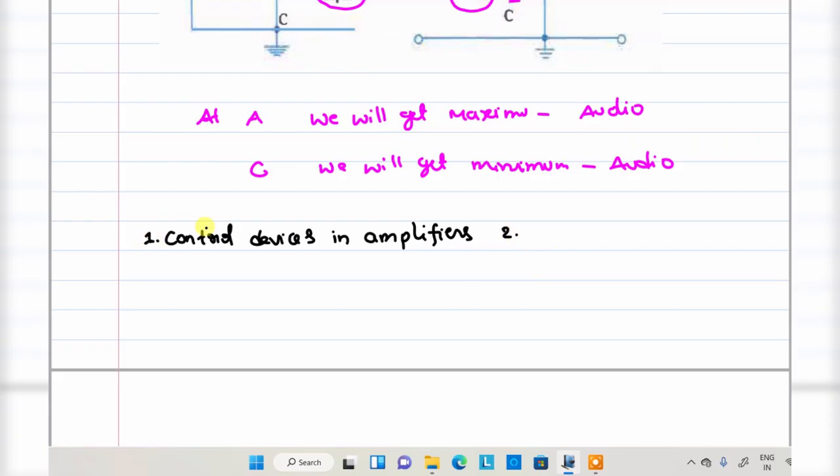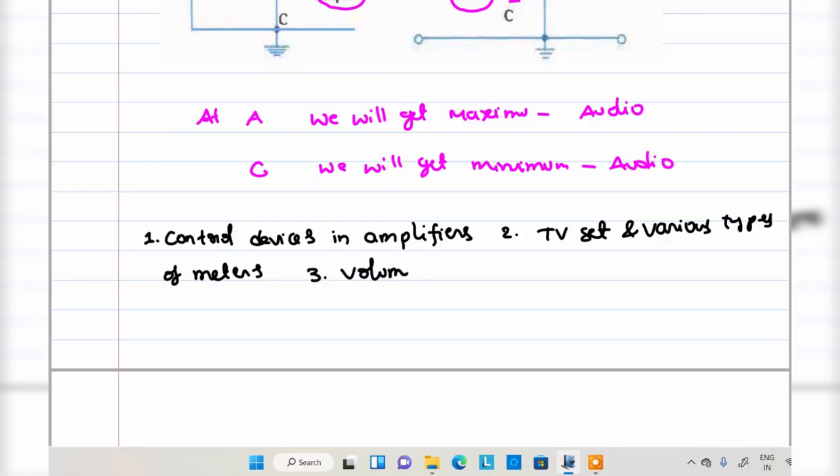In TV sets we are using the potentiometer, and various types of meters. Next, some of the applications are like volume control. Just now I explained volume control, and tone control.